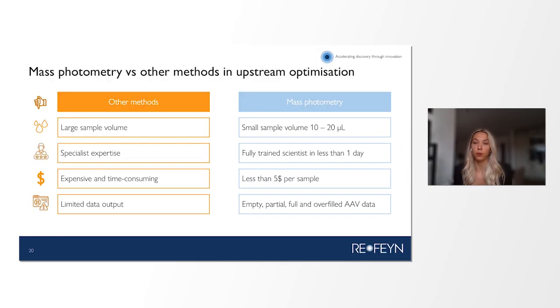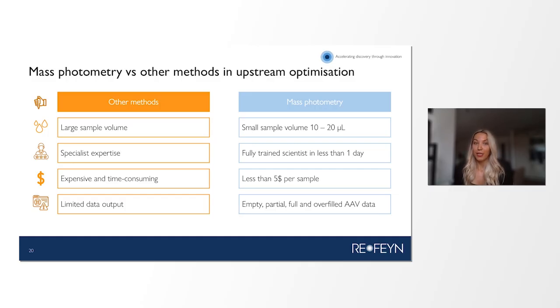And how does mass photometry compare to the other methods that are being used in upstream optimization? Considering that these DOE studies are usually performed in shake flasks and the amount of material generated is precious, having a method that only consumes 10 to 20 microliters makes mass photometry suitable for analysis.